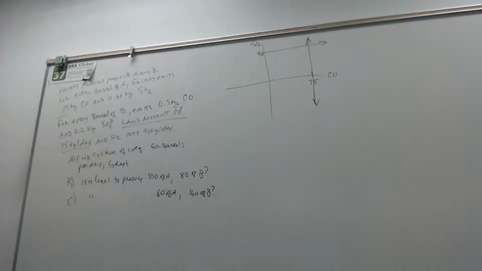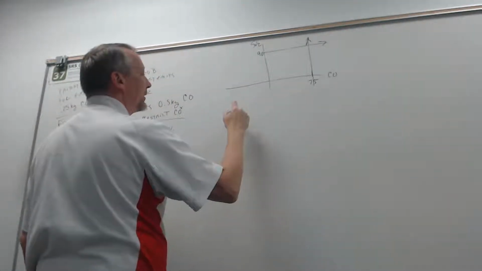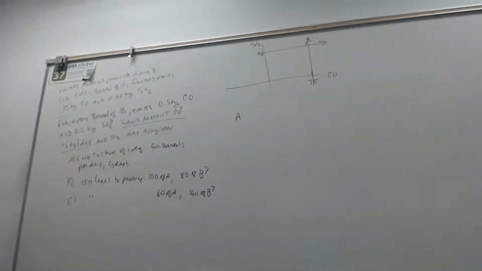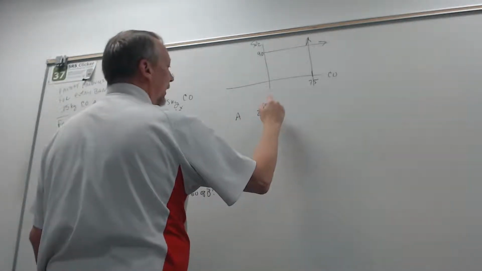So now let's talk about pesticide A. It emits 0.25 of the carbon dioxide.